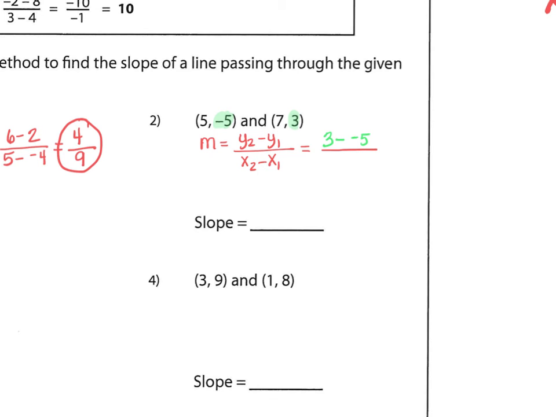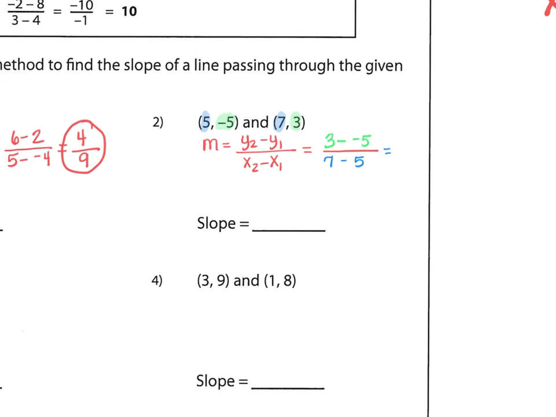On the bottom, I'm going to subtract my x's. My x's are 7 and 5, and I want to go in the same order. So I want to subtract the 7 minus the 5. And so let's simplify.